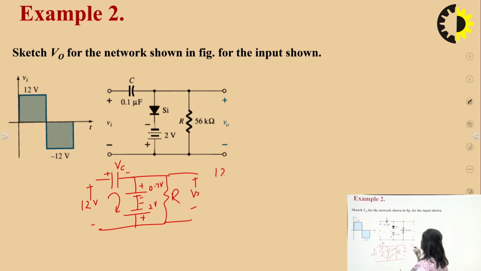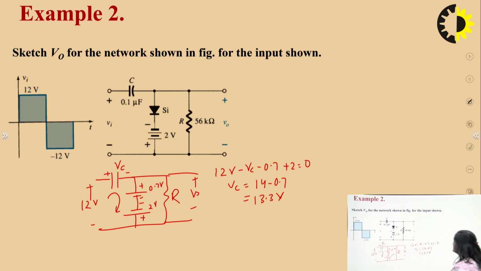So 12 volt minus VC and minus 0.7 plus 2 is equal to 0. So VC would be equal to 14 minus 0.7, that is 13.3 volt. 13.3 volt will be VC, and your output would be equal to 0.7 minus 2, that is minus 1.3 volt.